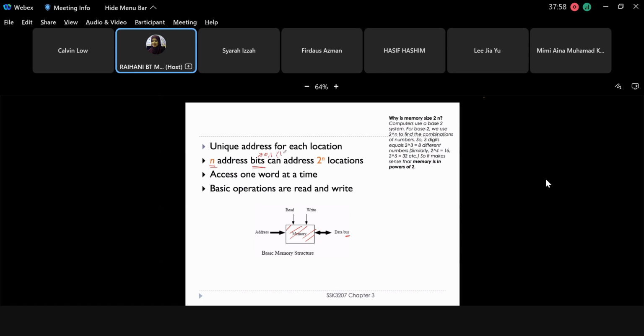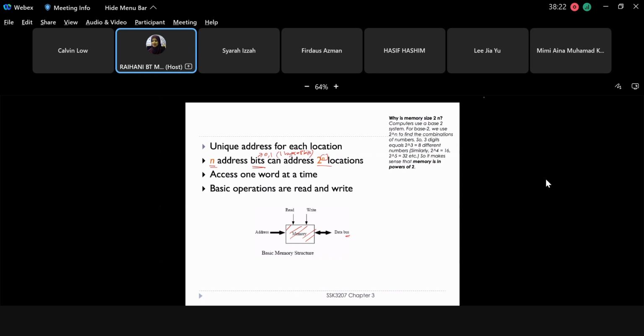And remember, 1 byte equals 8 bits. So the n address bits can address 2 to the power of n locations. So n here we refer to the address in a bit format.